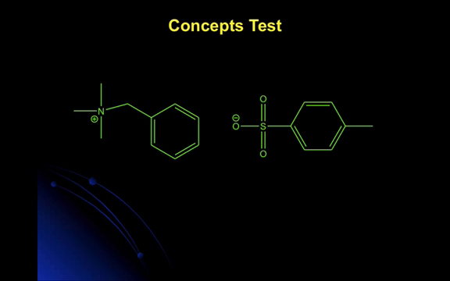So we're going to have to make a nitrogen-carbon bond of some form. Which carbon-nitrogen bond do we want to form? Okay. So let's say we want to make this bond. So we could take trimethylamine and react it with what?